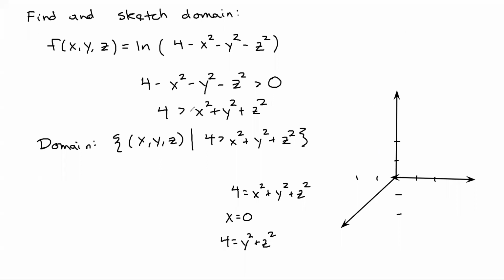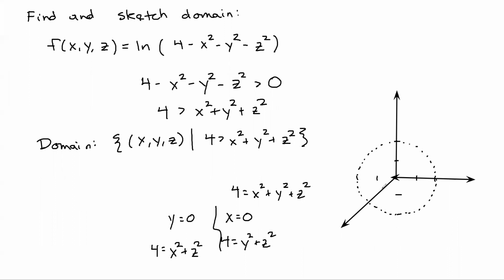What do we say? If it's not equal to, then it should be dashed. Almost made a mistake there. So we've got dashed. Oh, I'm getting better at drawing circles with this writing tablet. And so you could do the same thing with y. You do y equals 0, and then you get 4 equals x squared plus z squared.